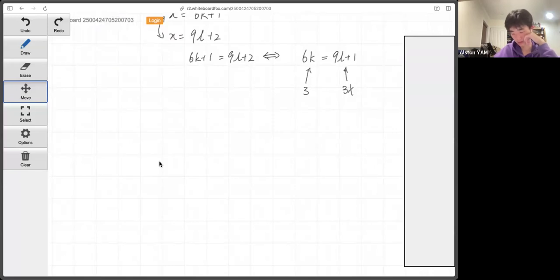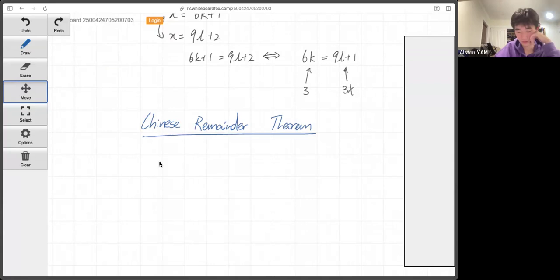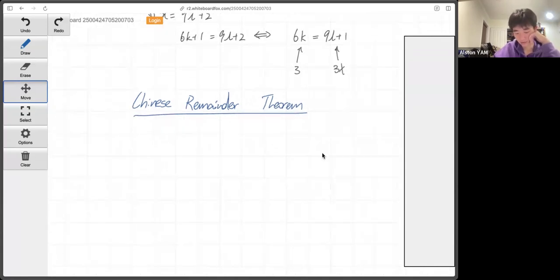I'll write it here, in blue. Chinese remainder theorem. Cool. So the theorem goes as follows.